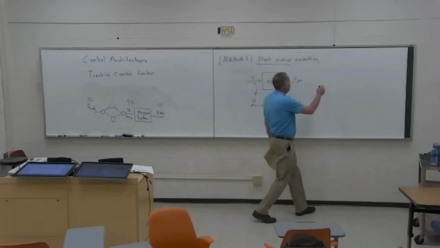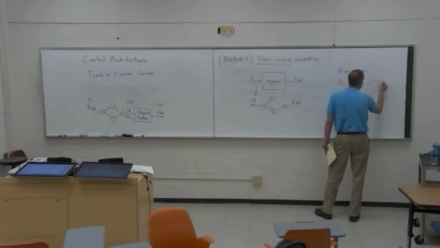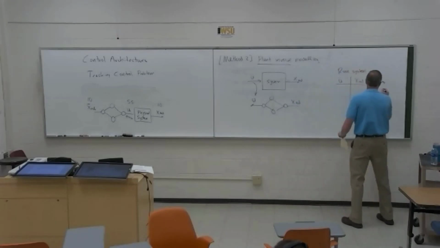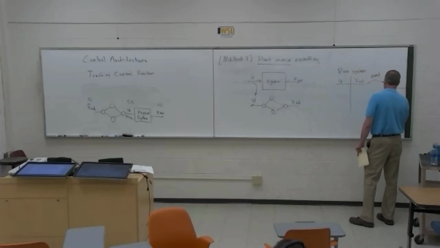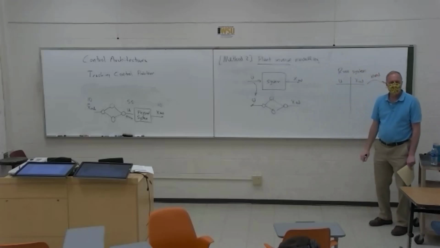And so you collect data and run the system. You send in u values and you get out values, and then you invert. Literally, you just flip the columns. Put in x out as your reference that you want, and then the u that you collected is going to be the value that you trained to.